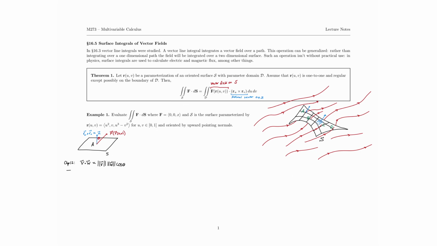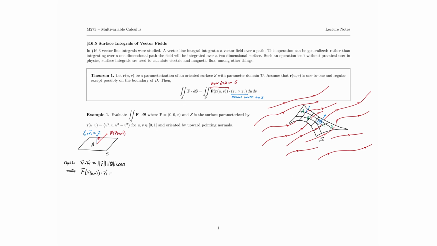So if we apply this information to the vector f of r of uv, this is one vector, dotted with another vector, let's say ru cross rv, which we can just say n. This is just n. We're just giving it the nickname here.